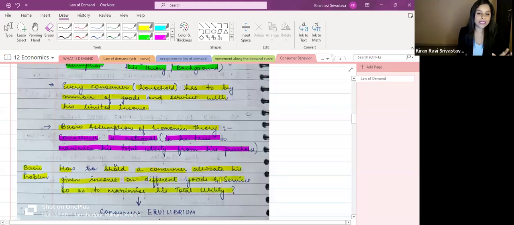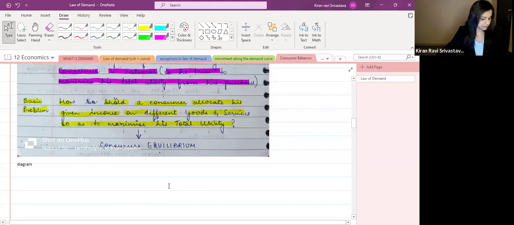As I said, the income with the consumer is limited, and every individual has unlimited wants. At no point of time can we say, okay, fine, I am done, all my demands are fulfilled and I'm fully satisfied, I don't need anything. This never happens. So that is the basic problem of how a consumer should allocate his given income on different goods and services so as to maximize his total utility.